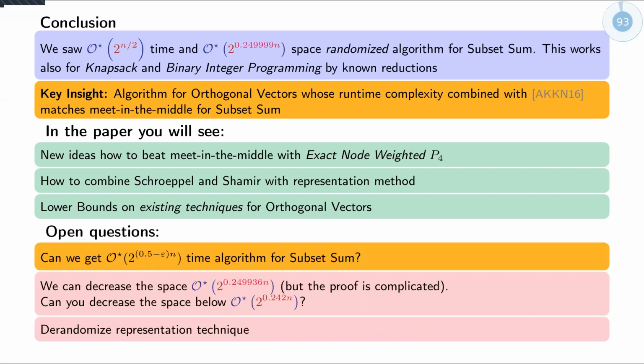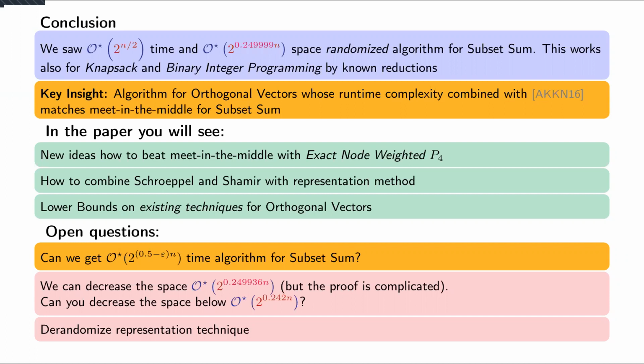There are a lot of open questions. First of all, we have a proof that you can get a 2 to the 0.249936n algorithm, but it is too complicated and we decided not to write it down. The big open question, the next barrier that we think is nice, is to break it even below 2 to the 0.242n.